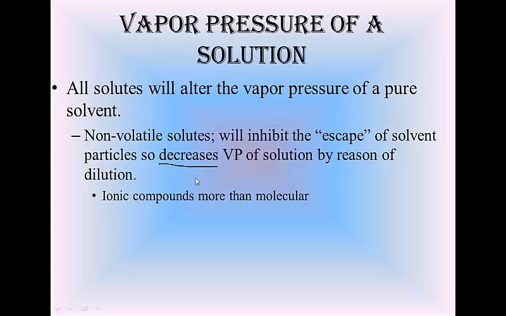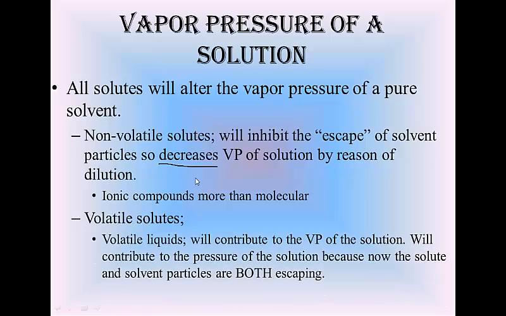It might inhibit the solvent even more than what we thought. So technically speaking, solids are not volatile solutes. Solids will not evaporate themselves, but depending on the solute, you might have a larger interaction with the solvent than you originally anticipated. Volatile solutes are volatile liquids.